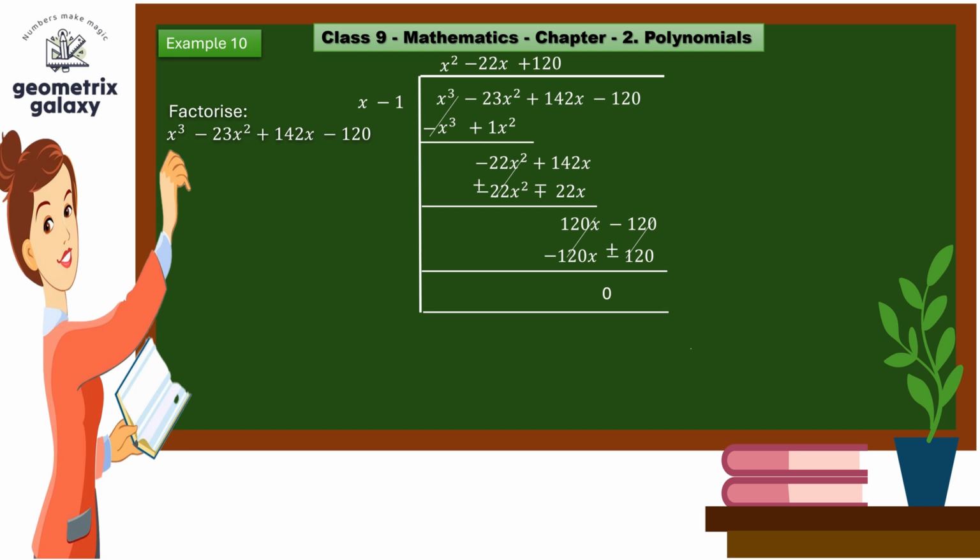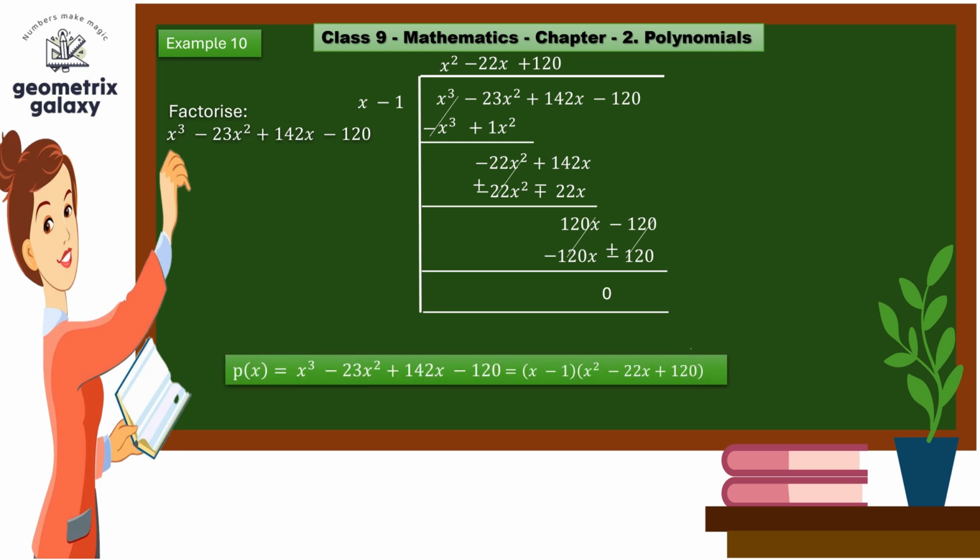Now according to division algorithm, we can write p of x, which is equal to x cube minus 23x square plus 142x minus 120, is equal to x minus 1 into x square minus 22x plus 120. But for a cubic polynomial, we need 3 factors.